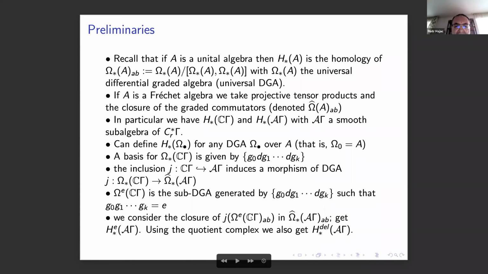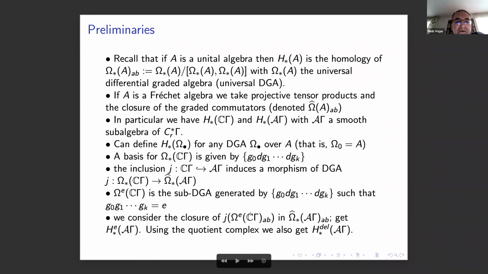You take the image of the ones which are localized at the identity, and then you take the quotient of all of omega A gamma by the closure. These are the delocalized forms on A gamma, and you take the homology of this complex.